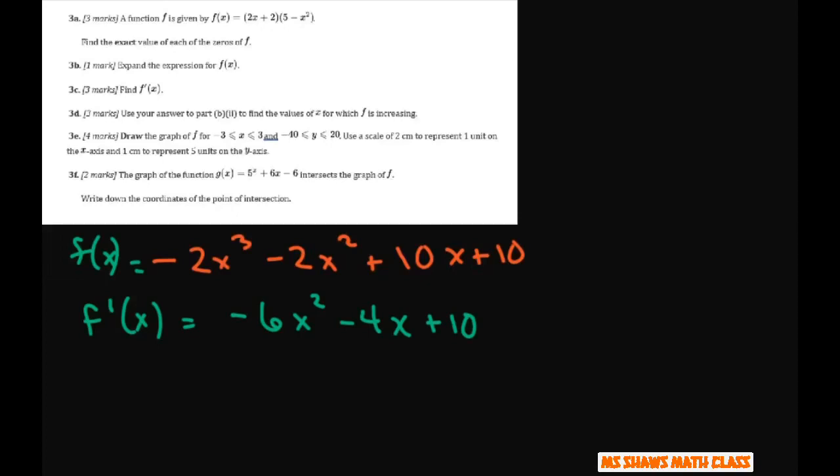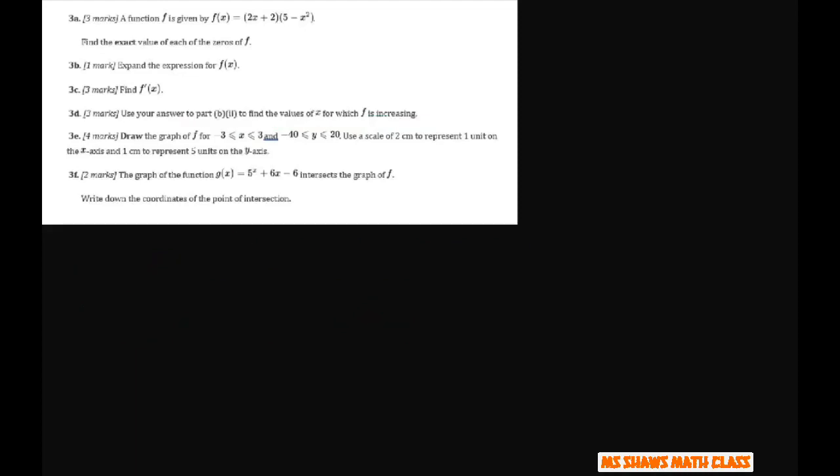And then we're going to use our answer in this part to find where the values are increasing. So we have f prime of x equals -6x squared minus 4x plus 10. And we want to set this where it's increasing, so greater than 0.